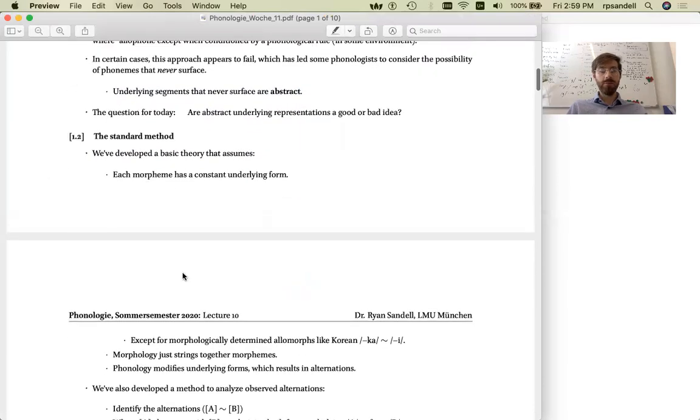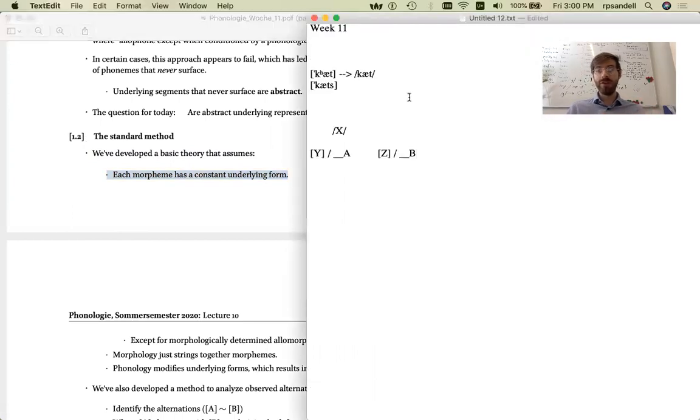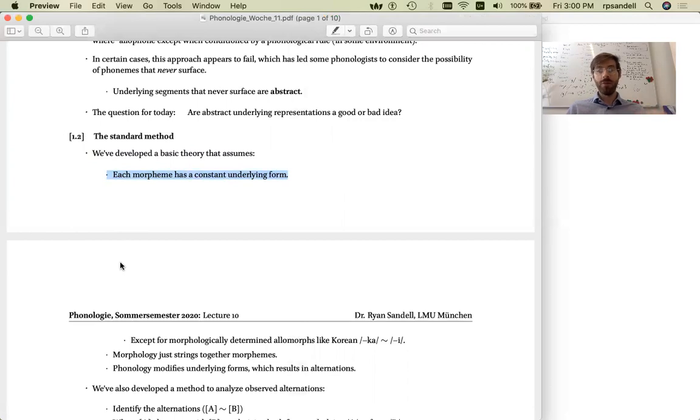As far as our morphophonemic analysis goes, the standard method that we've developed has been to assume that each morpheme has a constant underlying form. That is, whenever we encounter cases of allomorphy, alternations in the form of a morpheme, we will assume that we can choose one of those allomorphs as the underlying representation and derive the other allomorph or allomorphs through phonological rules.